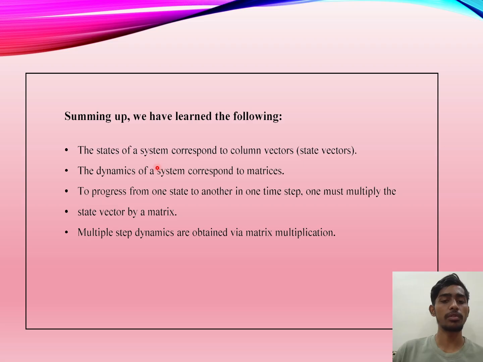We learned about the initial state, the new state after one time click, and the new state after two time clicks. We also found the adjacency matrix, in which the column vectors are major parts. We also found the dynamics of the system as a matrix, whether it is a deterministic or a probabilistic system. Third, to process from one state to another, one time click, two time clicks, we must multiply the state vector with matrices. The state dynamics are obtained by multiplying matrices.